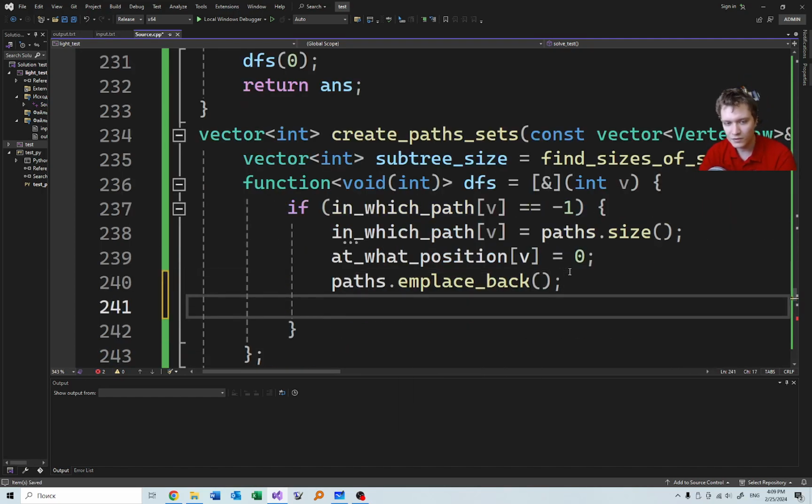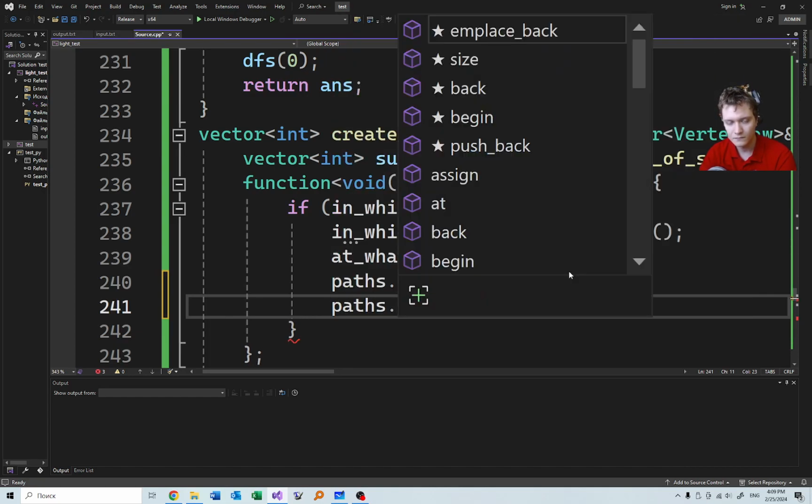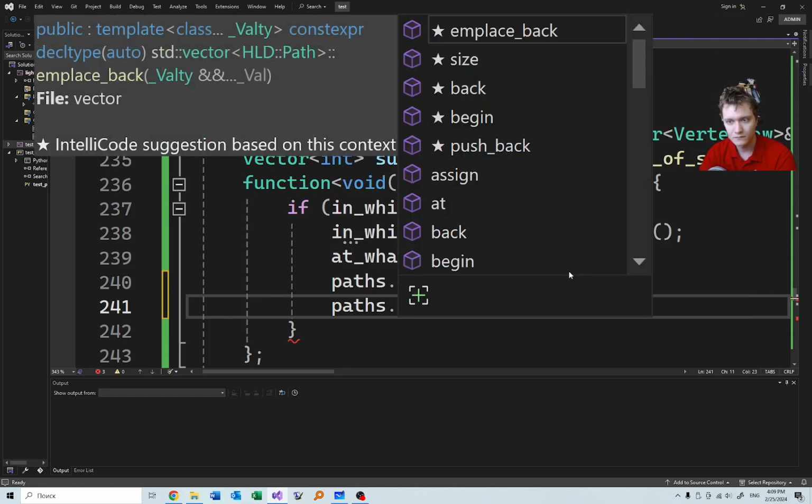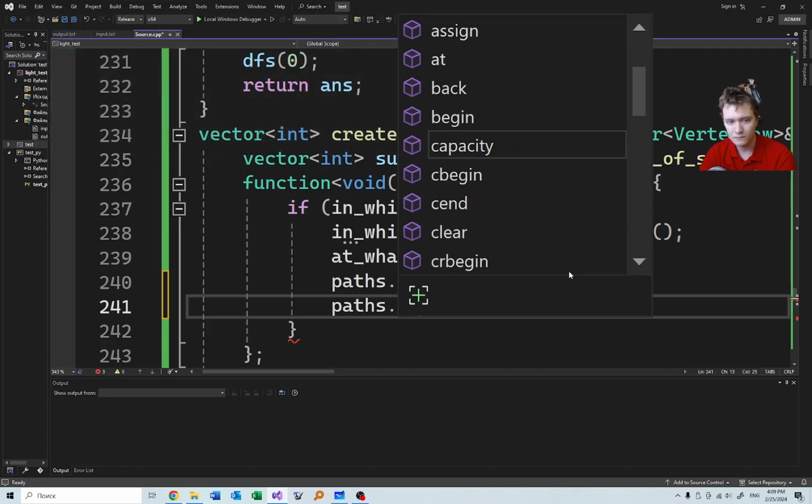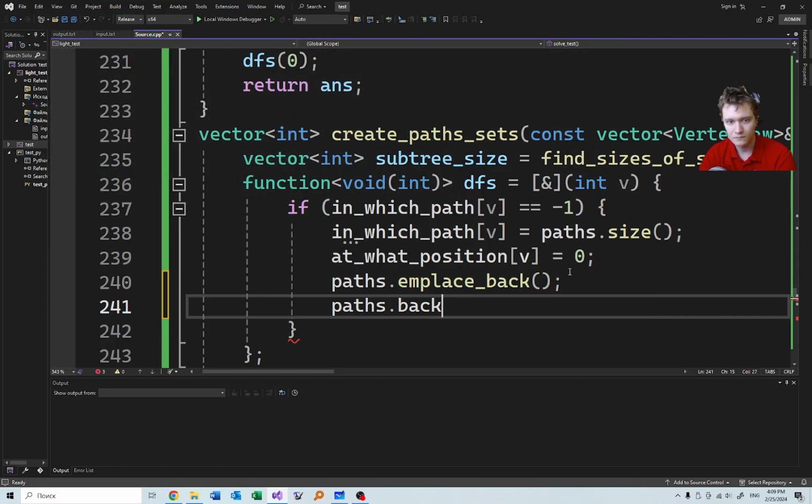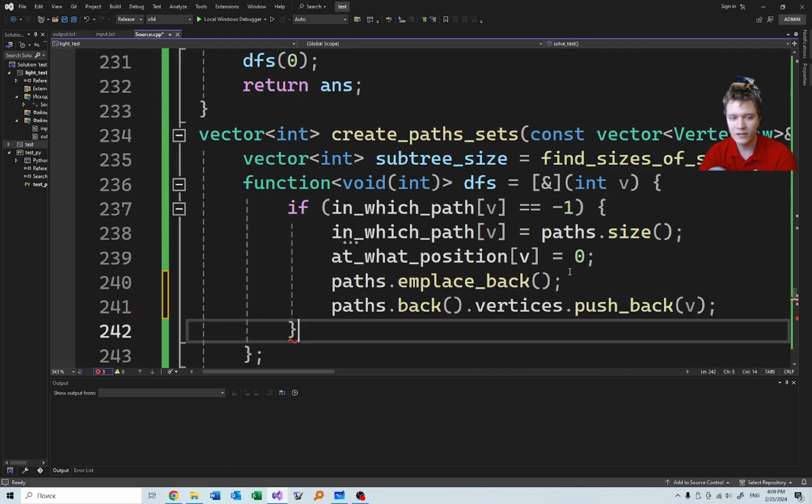And we need to put this vertex into this path.